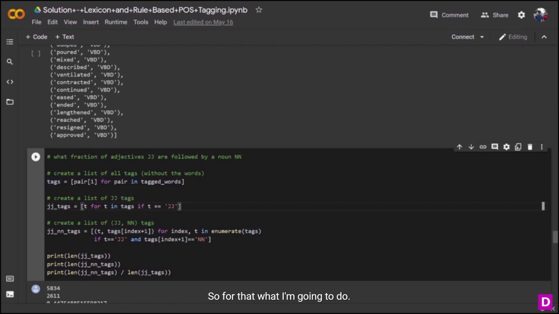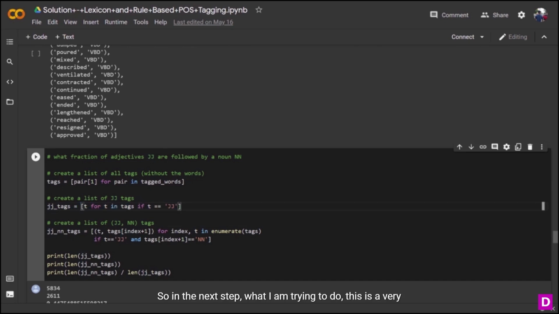For that, I am taking a for loop within a list comprehension: for t in tags, if t equals JJ. This is a filtering condition, so from this whole universal set of tags I filter out only adjectives, and I have created another list of only adjective tags.